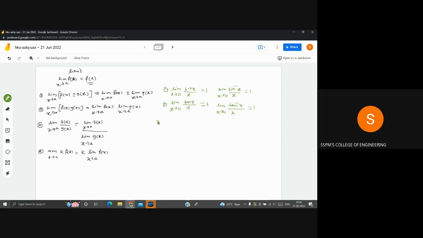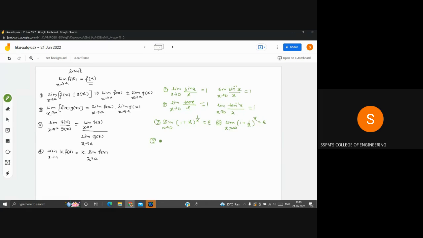The next one is the limit of 1 plus x raised to 1 by x, as x tends to 0, it is the exponential e. What is next? The limit as x tends to infinity of 1 plus 1 by x raised to x is also equal to e.